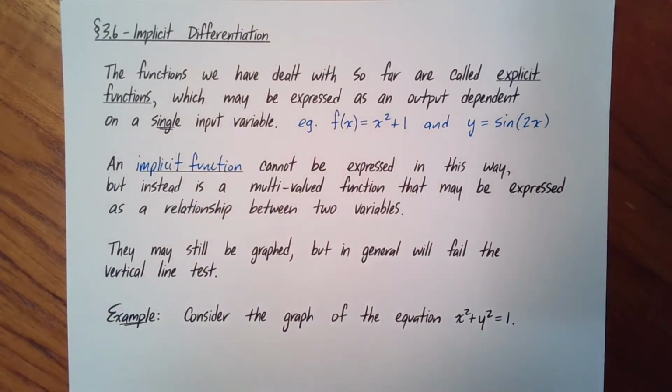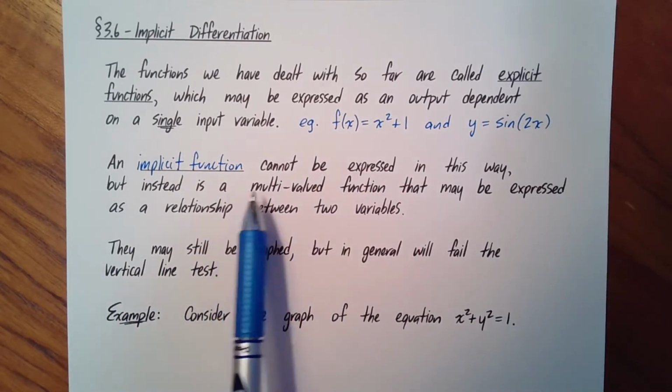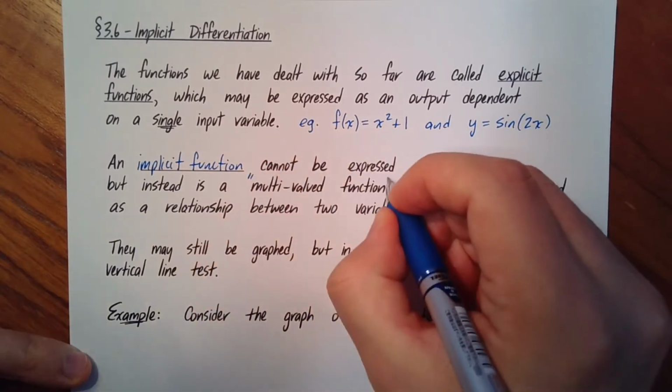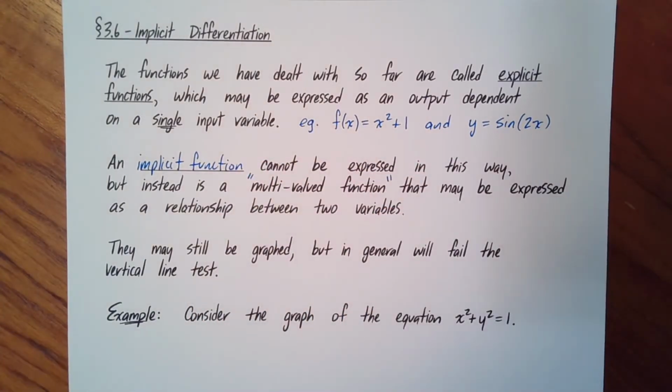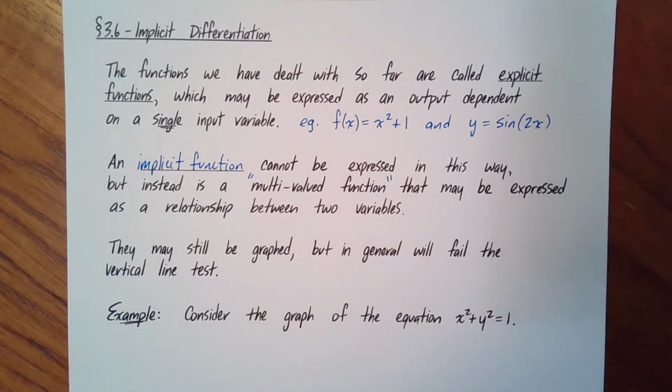It cannot be expressed in this way, but is instead called, sometimes you can call them multi-valued functions, but that's not technically correct, but it gives you a really nice way to think about them. Remember, with explicit functions, you plug in a value, and that uniquely determines an output value which gets sent right back to you. But with implicit functions, you might plug in one particular value, and then there are several possibilities for values that could come back to you, right?